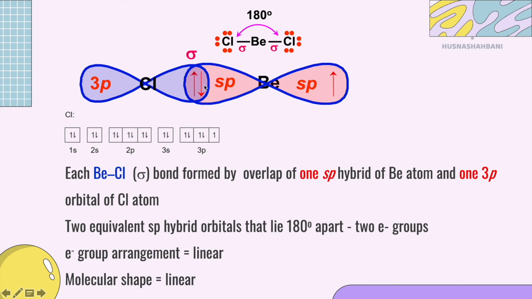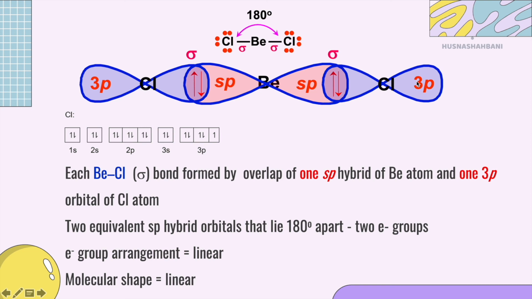These two electrons pair together to form a sigma bond. On the other side, the other sp orbital's unpaired electron will be paired with another chlorine's unpaired electron from the 3p orbital. So you have to draw the shape of the 3p orbital of Cl, paired together to form a sigma bond.